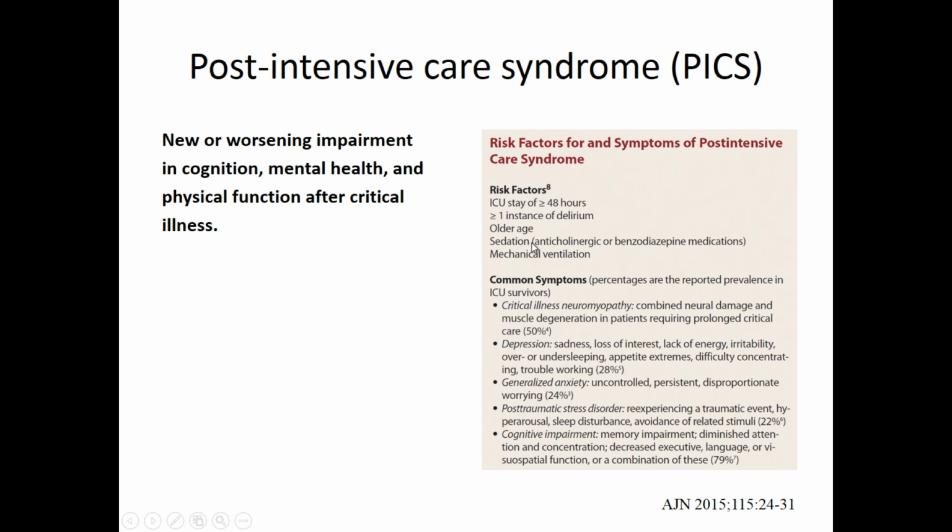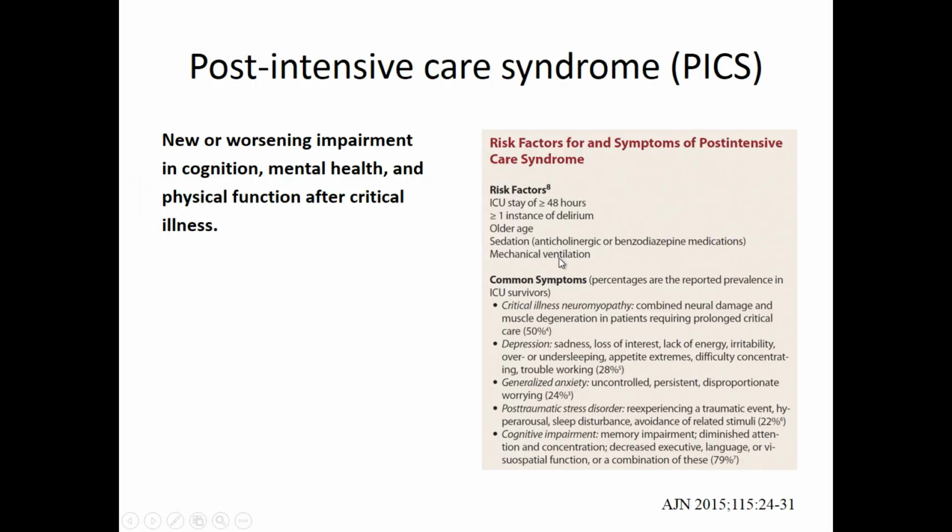Now, why I mention that is because one of the risk factors is, as you can see here on the right side of the screen, any episode of delirium experienced in the intensive care unit and is a risk factor for this lasting consequence of post-intensive care syndrome. Other risk factors include a longer length of stay, older age, sedation, and again, these are the sedatives and anticholinergic drugs we just talked about as a risk factor for delirium. So there probably is a relationship between medications, delirium, and then the post-intensive care syndrome.